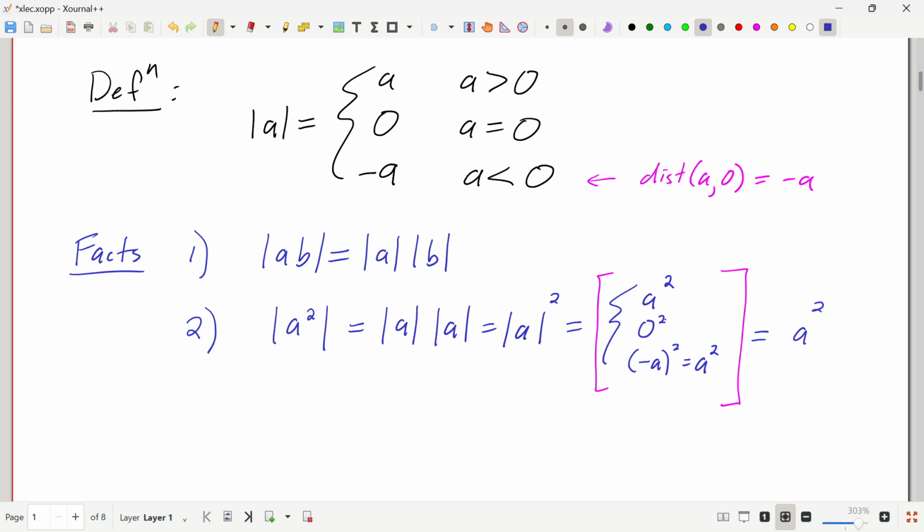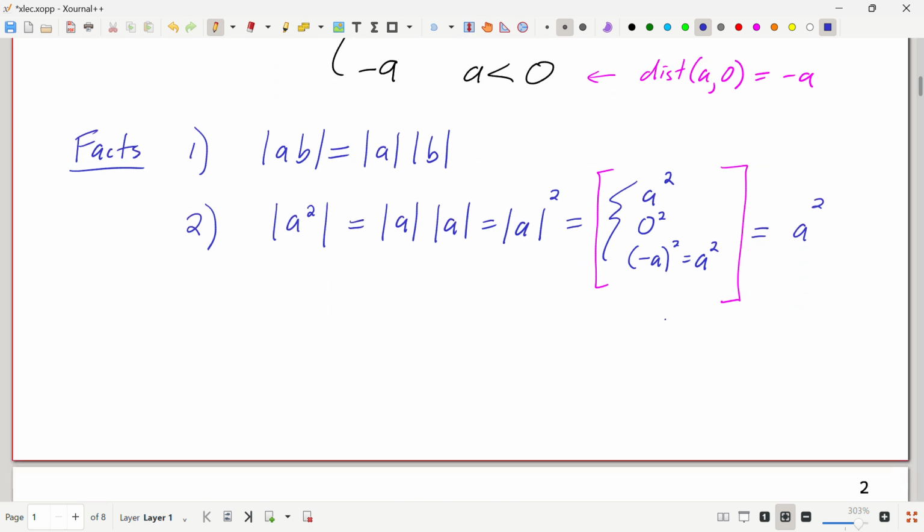Okay, and the book, of course, does that very carefully and goes if-then reasoning. You should read it. Number 3 is maybe slightly more interesting.